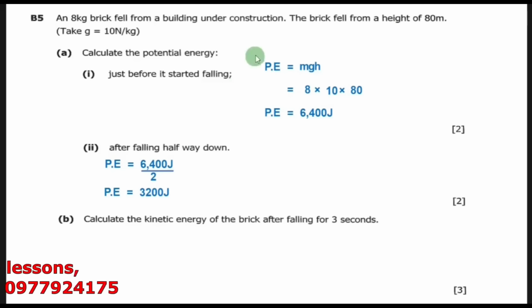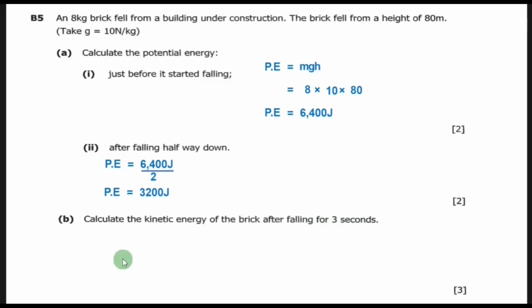So that is the stone, when it is falling and it is moving, so it will now have kinetic energy. So they're saying calculate the kinetic energy of the brick after falling for 3 seconds. So as it was falling, time passing here was 3 seconds. So during that falling for 3 seconds, what is its kinetic energy?